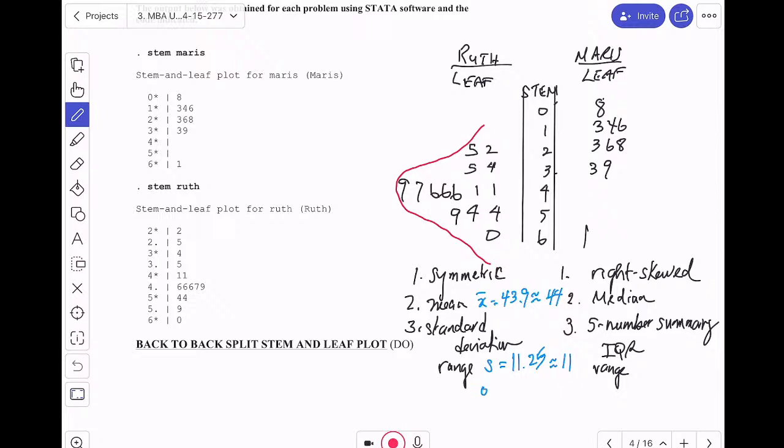Whereas sigma gave us 10.8. They're very close. This also rounds to 11. The difference is, though, that S will always be larger, okay?